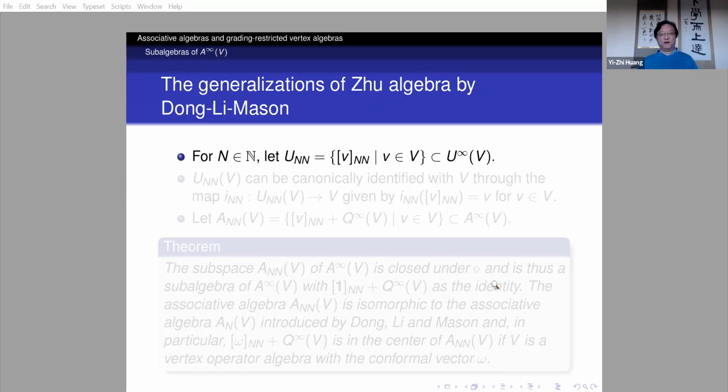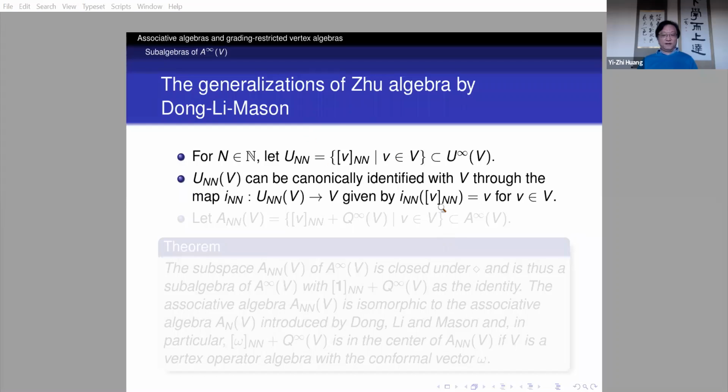In this case, the only difference is that in Zhu's algebra the only non-zero entry is at (0,0), but now the only non-zero entry is still on the diagonal, at (n,n). So UnnV is equal to this, and again UnnV can be identified canonically with V. That's why Zhu and Dong-Li-Mason both use V to define their algebras. Then we let A_n(V) be defined similarly by this.